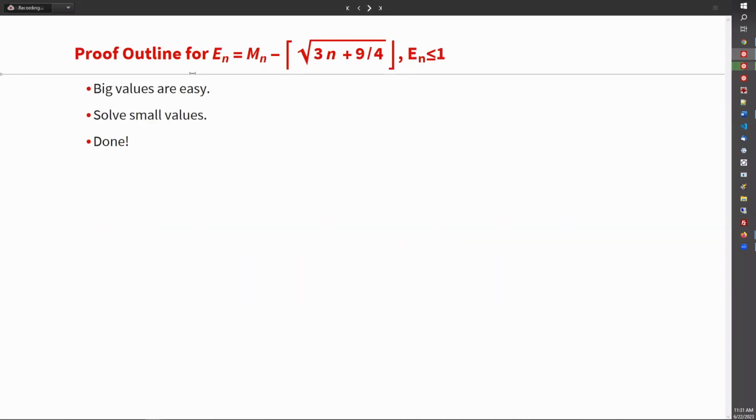That led to my proof of sparse rulers, which is basically: big values are easy, here are solutions for all the small values, and done. I gave that proof in much gorier detail in a blog post a few years back in 2020, right before the pandemic hit. You can look in our blog and see the full proof.